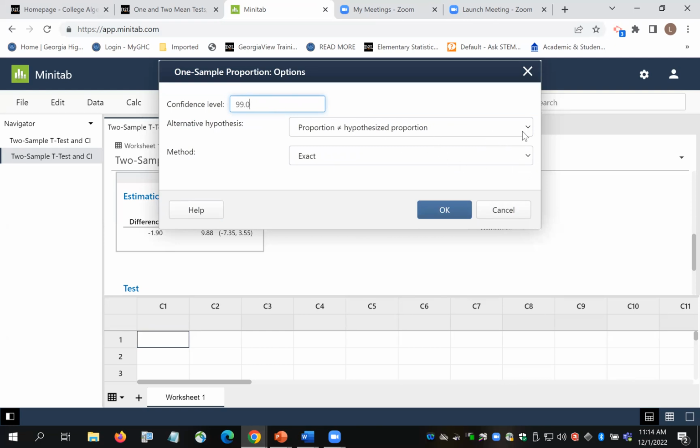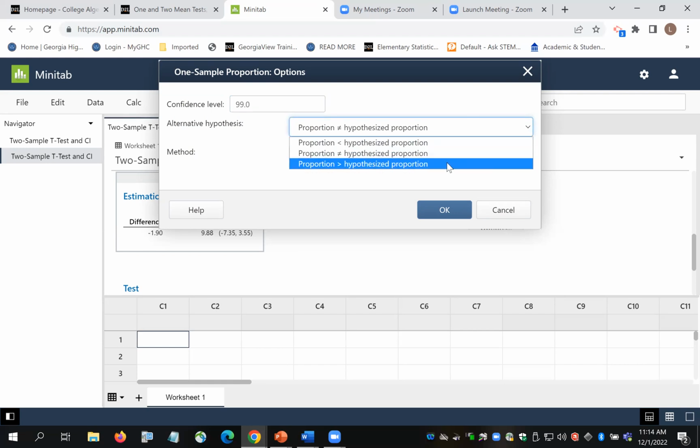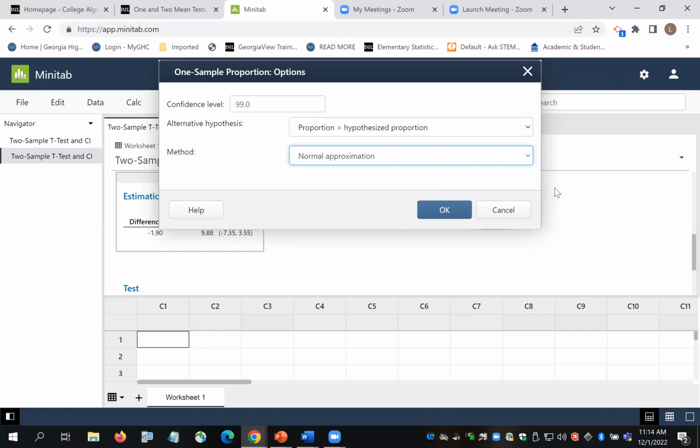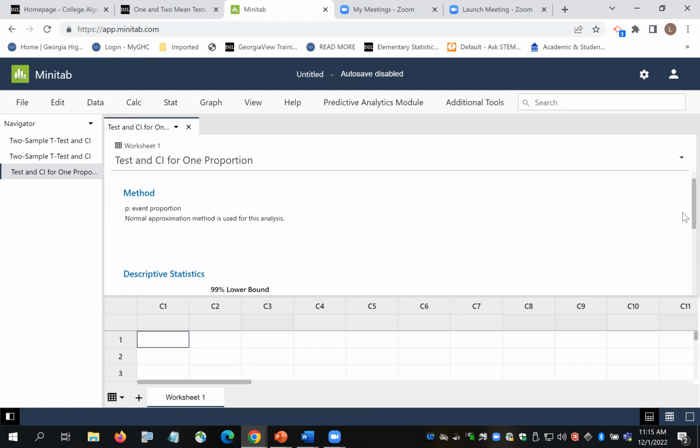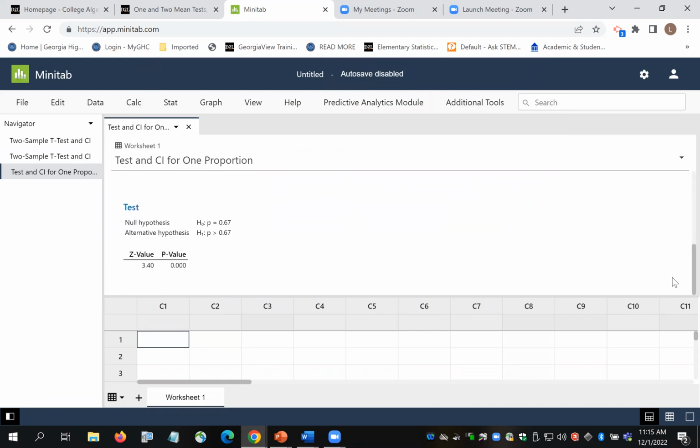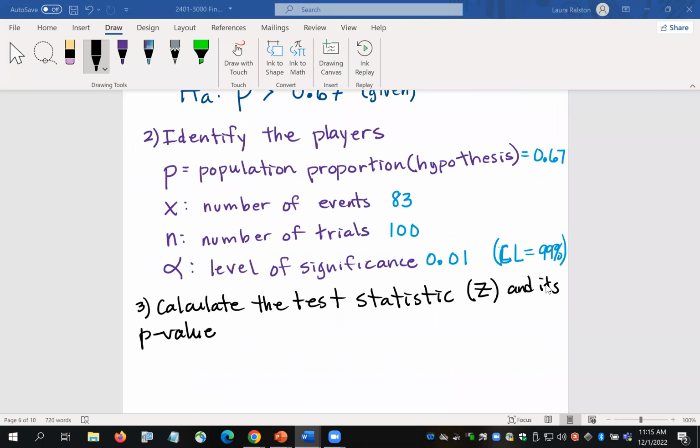We are saying that it is greater than, and we do a normal approximation. Then I click OK. I click OK. And the results appear. Again, we look for the header labeled test. And I'm going to copy that over here to my paper.